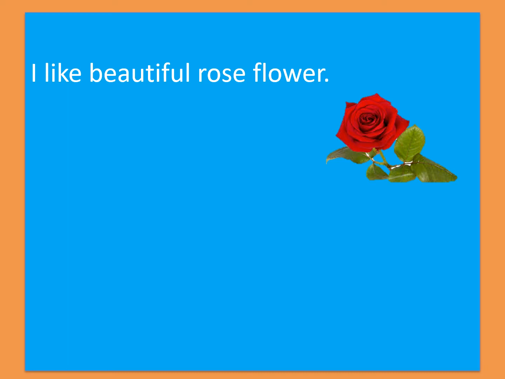We call this a sentence. What is a sentence? A sentence is a group of words arranged together grammatically to give full sense or meaning. So, in this sentence, the words I like beautiful rose flower are arranged together grammatically. So, this sentence is giving complete meaning.